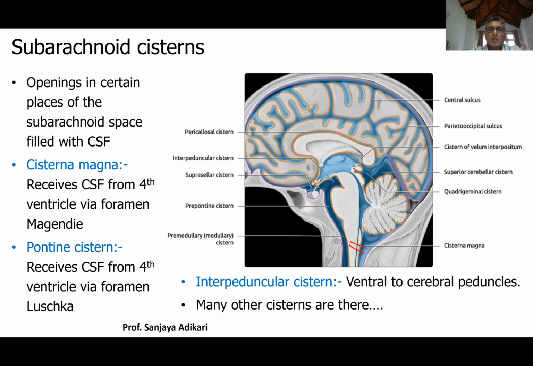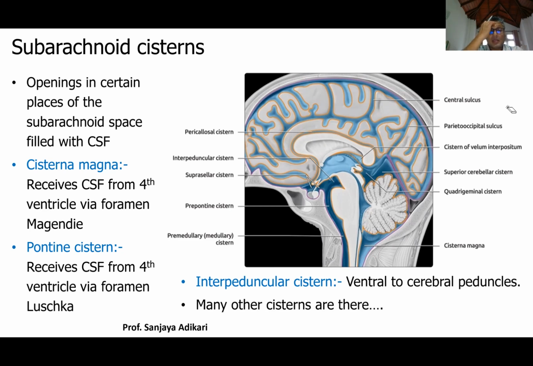Then here you get the basilar artery, and there are cranial nerves passing through these areas. So there are things like that happening in these cisterns. Remember this point as well, but you cannot remember the names of all the cisterns. We don't expect you to do that.